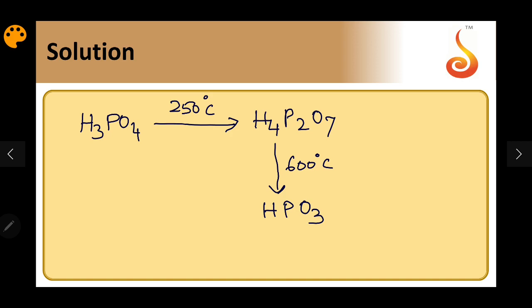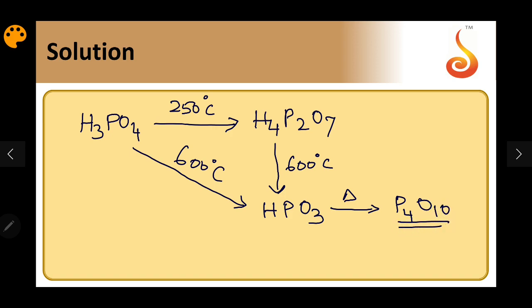This pyrophosphoric acid on heating to 600 degrees Celsius becomes HPO3, metaphosphoric acid. Even if I directly heat H3PO4 up to 600 degrees, it gives the same product. Then finally, when we go for very strong heating, it gets completely dehydrated to form P2O5, which can dimerize to become P4O10.